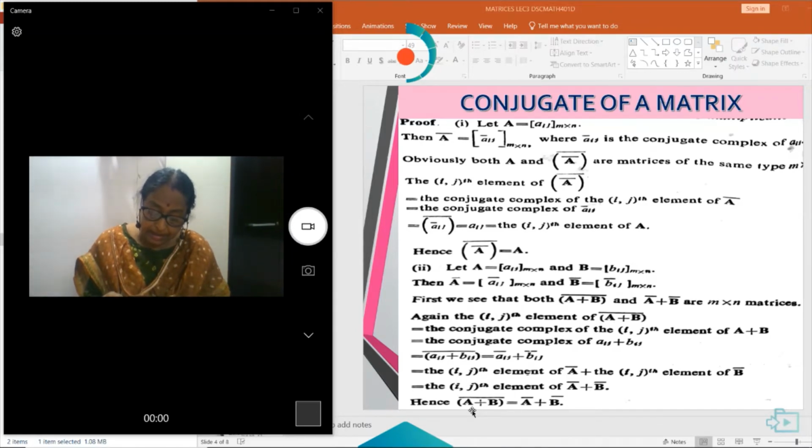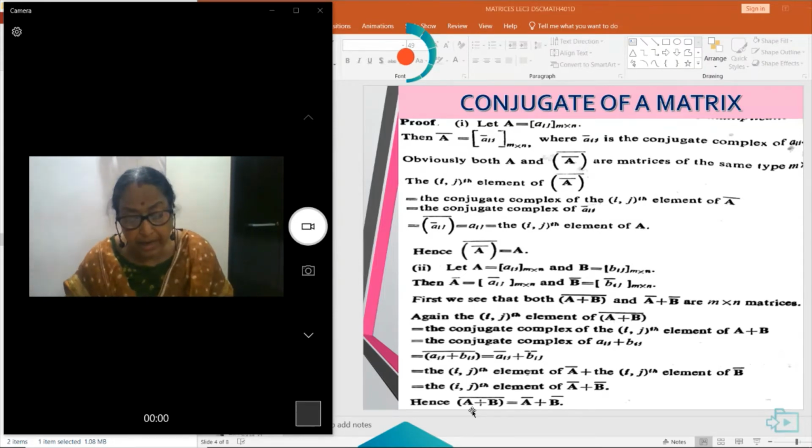Now, the ijth element of the conjugate of A bar is the conjugate of the ijth element of A bar, which is the conjugate of aij bar, and this is equal to aij, the ijth element of A.